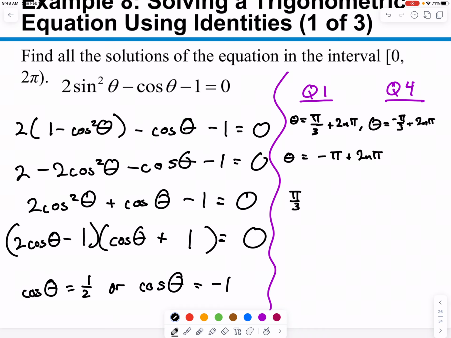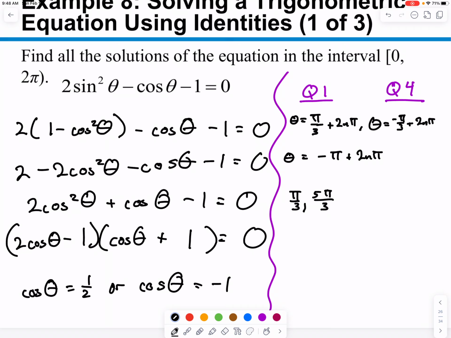So now let's do when n is 1. When n is 1, that first one goes outside of our range. The second one, we're going to say 2 pi minus pi over 3, so 6 pi over 3 minus 1 pi over 3 gives us 5 pi over 3.